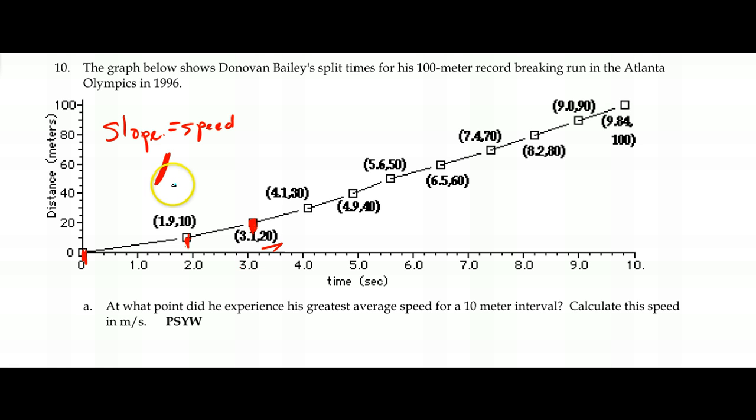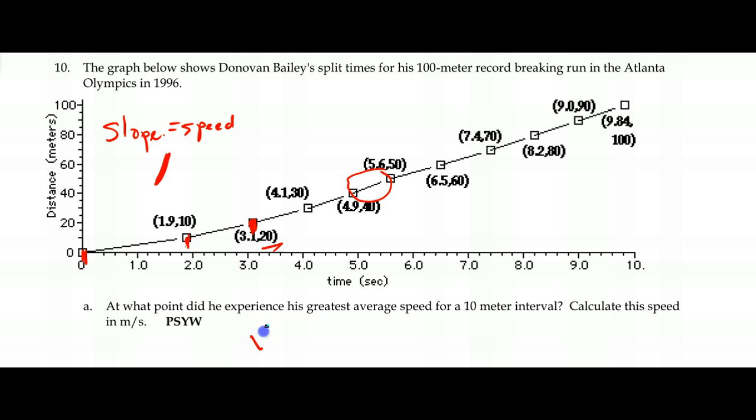Since all the slopes in this case are upward, we want the one with the steepest climb. If you look over these, you should notice that the one with the steepest climb is in this gap from 40 to 50. That's a little bit steeper. This is a little more shallow. This is a little more shallow. That's the steepest section.